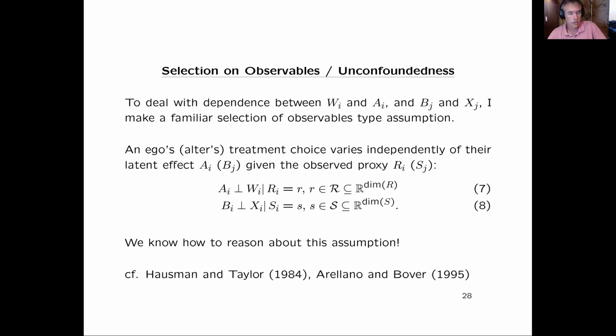We have all been in many seminars where there are vigorous debates about whether all pre-treatment confounders have been included or not. I will note that in this particular setup, there's an interesting connection between this assumption, the types of things you see going back to, say, work by Hausman and Taylor, and a classic paper by Arellano and Bover.